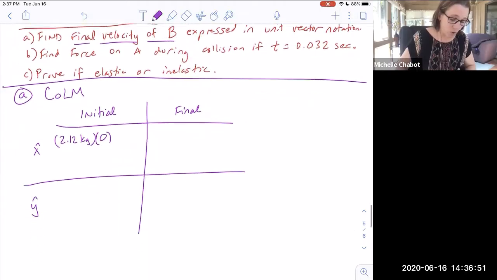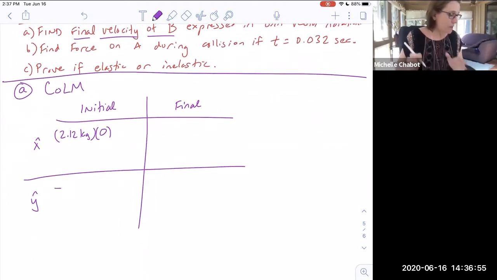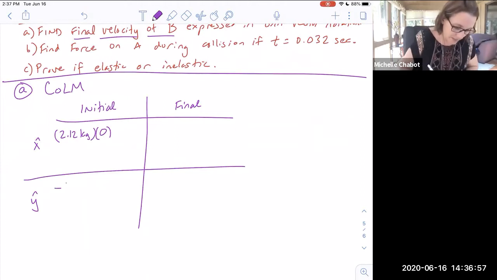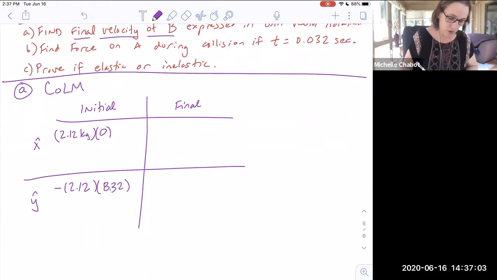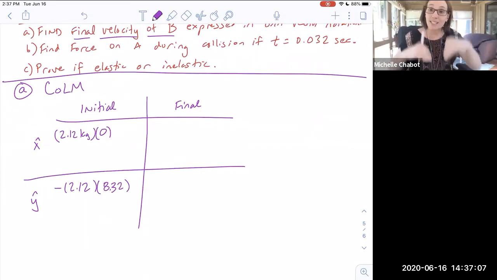And then for the Y direction of that, we need to put a negative sign. Be very careful with your negative signs, and it's going to be 2.12, the mass, times the velocity, which was 8.32 meters per second. The negative sign is very important because that shows that it's headed in the negative Y direction, and that's going to matter because momentum is a vector.